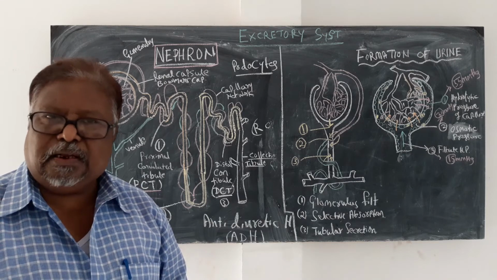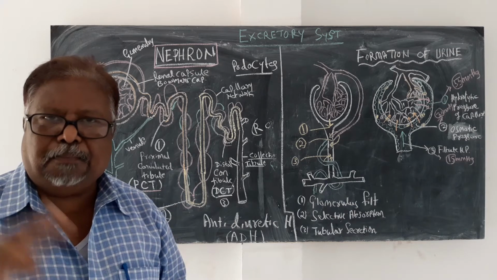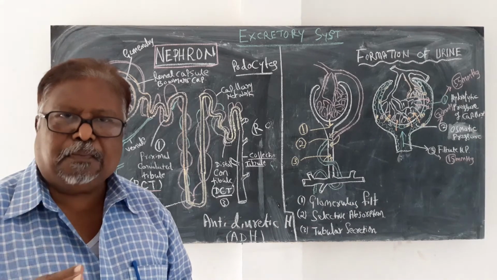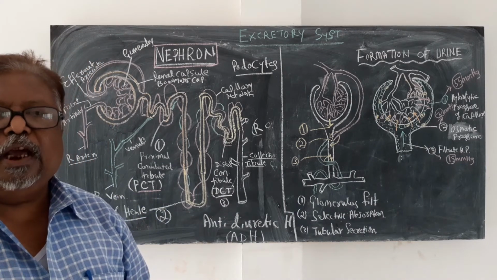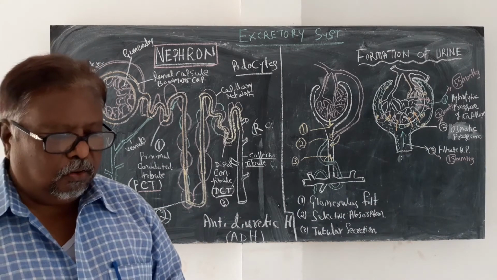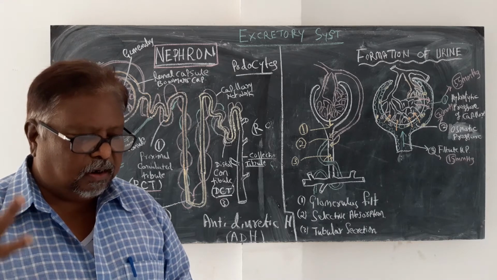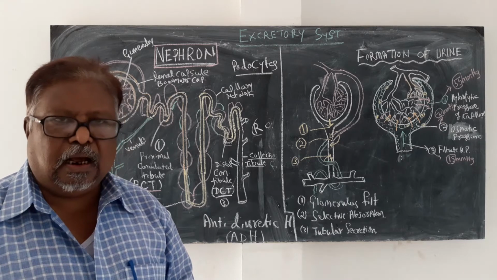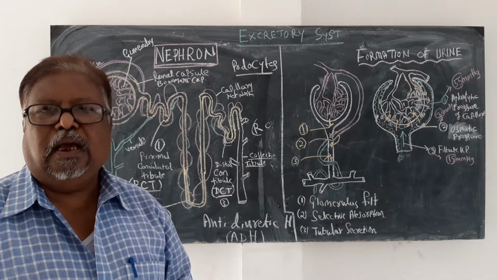But if they are in excess, then the level goes abrupt, and for this purpose the excess hydrogen ions should be expelled out. So the protein metabolic substances, electrolytes, water, hydrogen ions, all these should be expelled out.